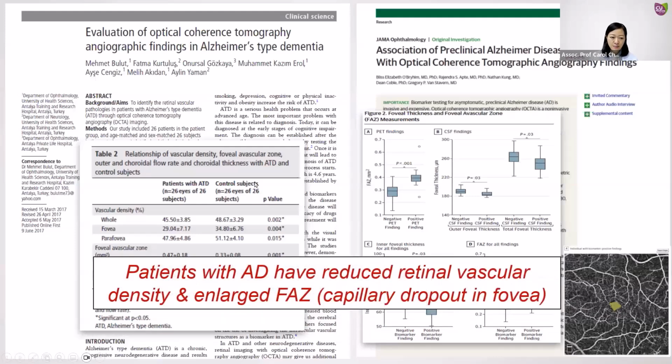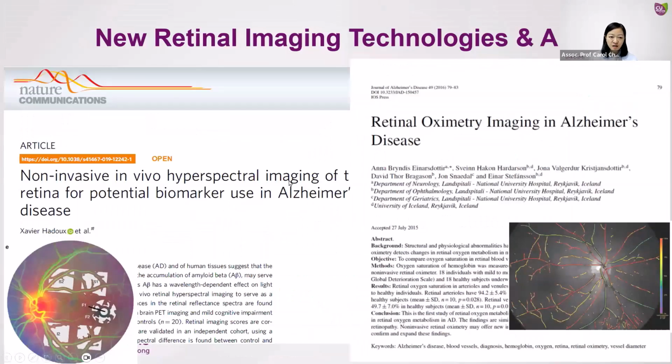It is shown that patients with Alzheimer's disease have lower capillary network density and a larger foveal avascular zone area. There are also other new imaging technologies such as hyperspectral imaging and retinal oximetry.